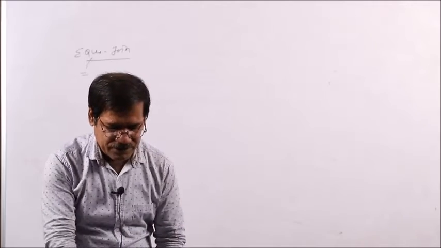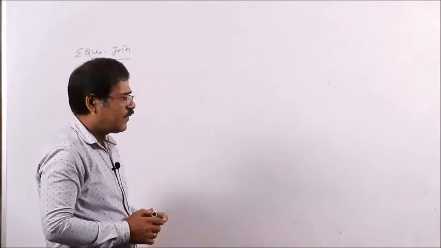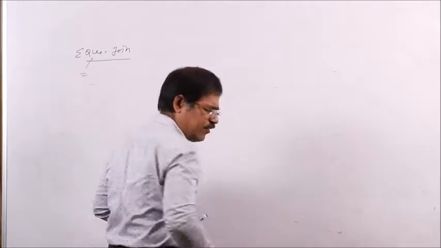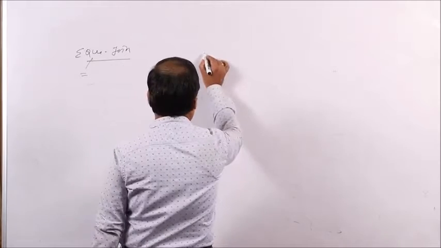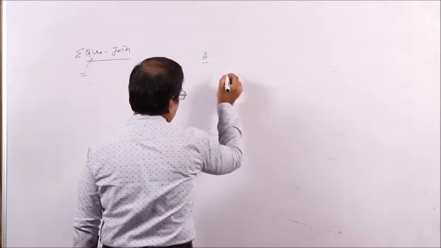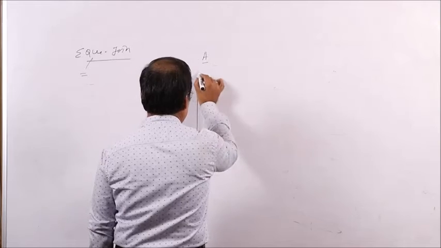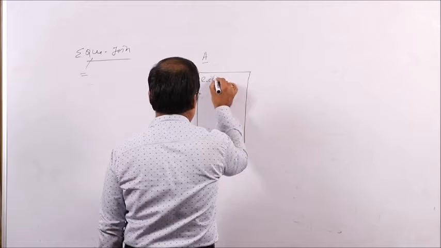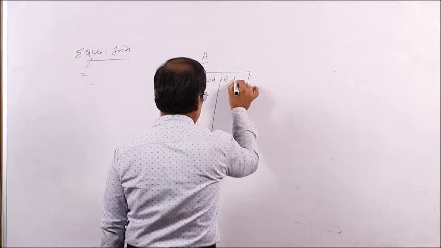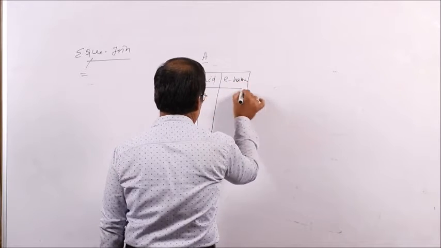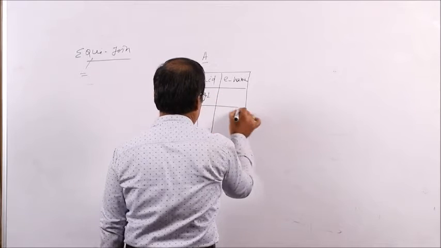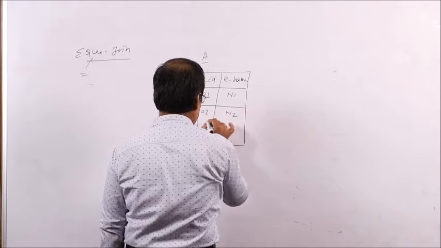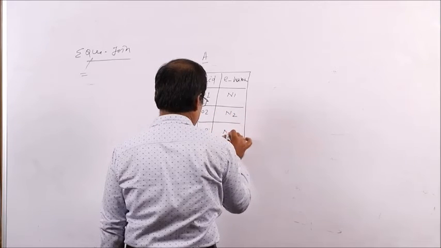So, suppose I will write one table here. It will match the table A from table B. Suppose this is a table A, the table A having two fields, suppose employee ID, employee name. ID is 01, name is suppose N1, 02 N2, 03 N3.